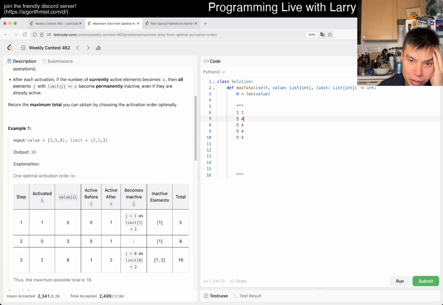Because otherwise, if you do these 4, then this gets inactive, and then you just get like 6, you don't get enough points, right? But then on the other hand, if you do something like 100, well, no, let's just do 10, 10, 1. If you don't do it immediately, let's say you have 22, 10, 2 or something.